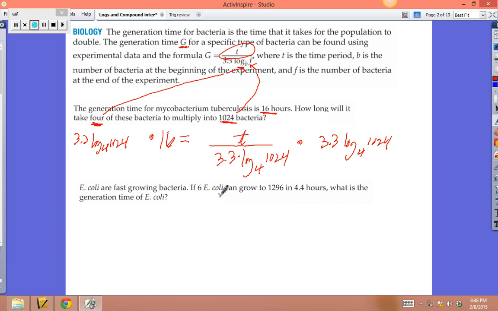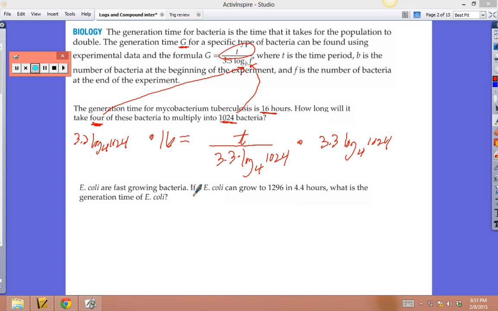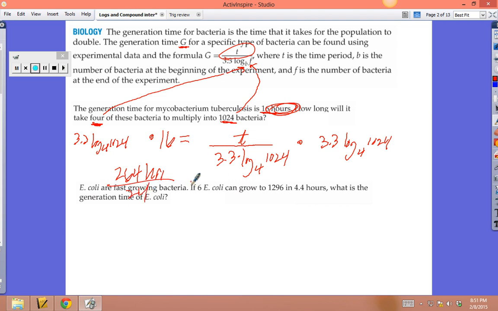Log in base 4 of 1024 times that by 16. Okay, and that spits out 264, and we're in hours, so 264 hours, or if you convert that to days, 264 divided by 24, somewhere around 11 days.